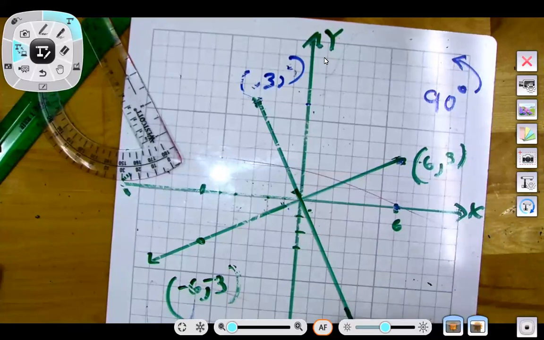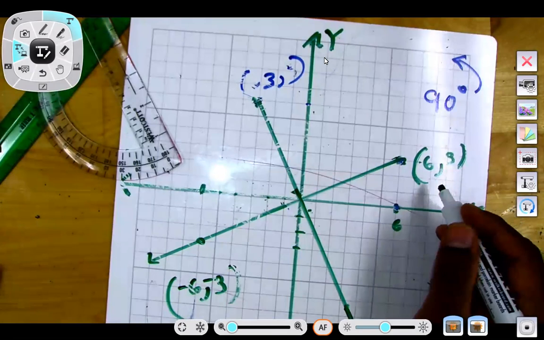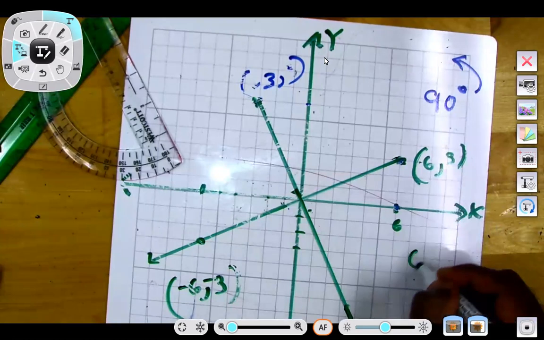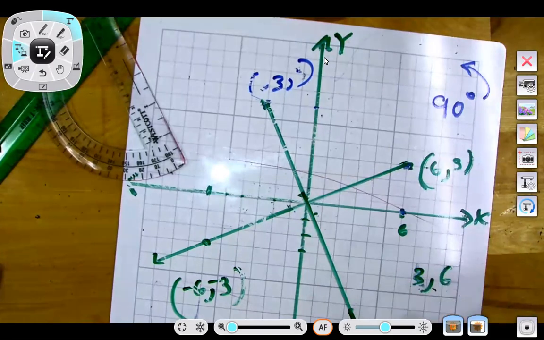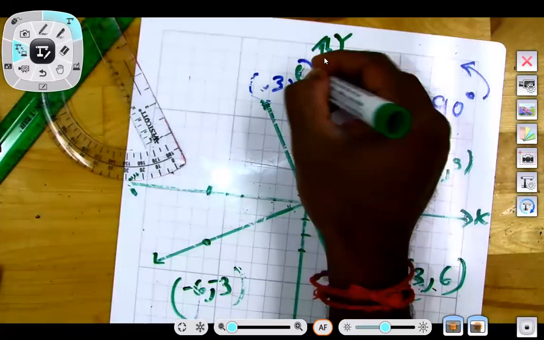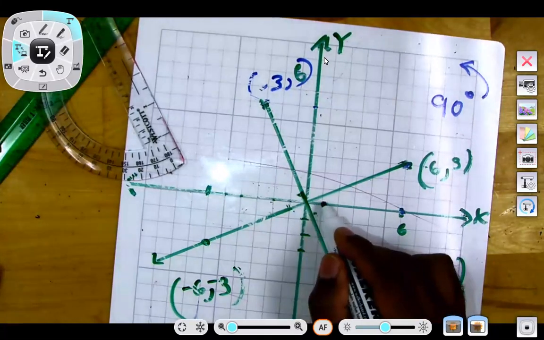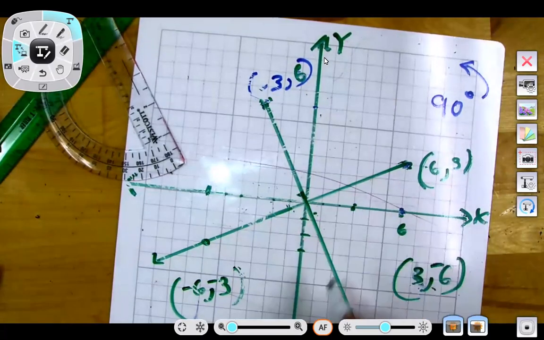Or when you do clockwise, you're just going to flip this number, let's say 3, 6, and change the y value. So if you see it, 1, 2, 3, it should be on this straight line because 90 degrees, 180, so it's 3, -6. It's right over here.